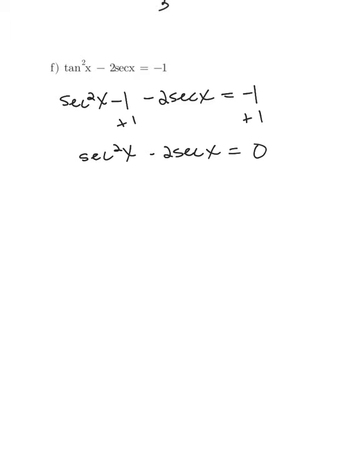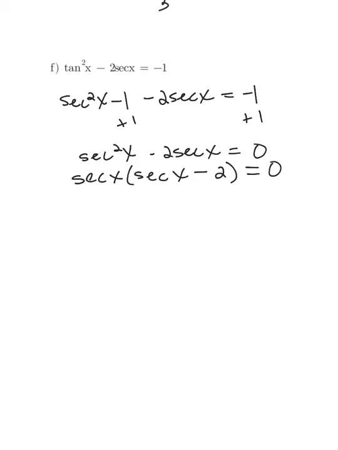Well, we can factor out a secant here. So we will factor out secant and then take secant squared divided by secant, and that will leave us with secant of x, minus 2 secant of x divided by secant of x, you'll be left with the 2, equals 0.